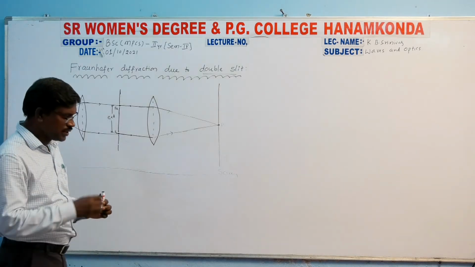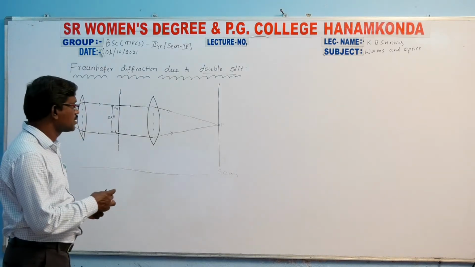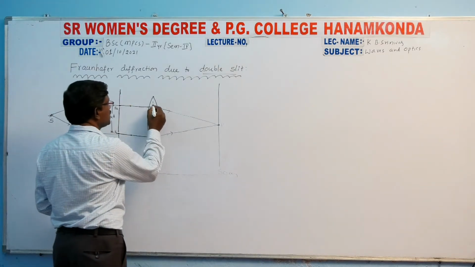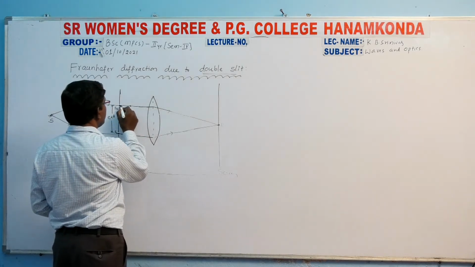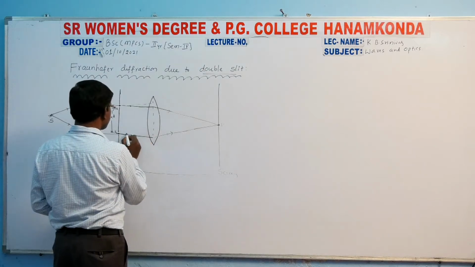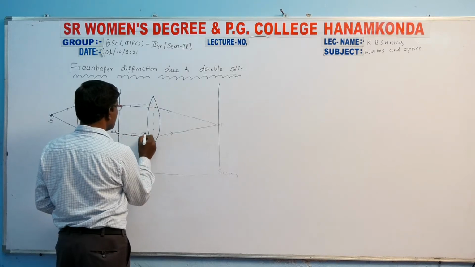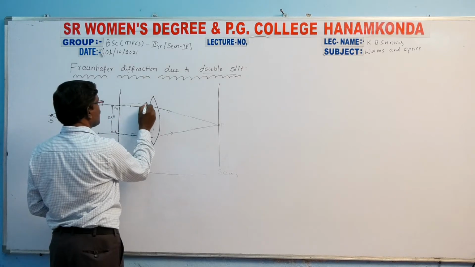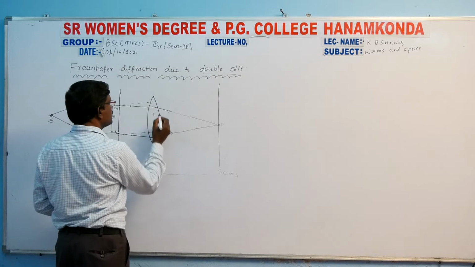So the rays which are traveling normal to the slits are focused at the middle of the screen, that I am representing by P naught, and the rays which are deviating through an angle theta will be focused by the lens at P1.